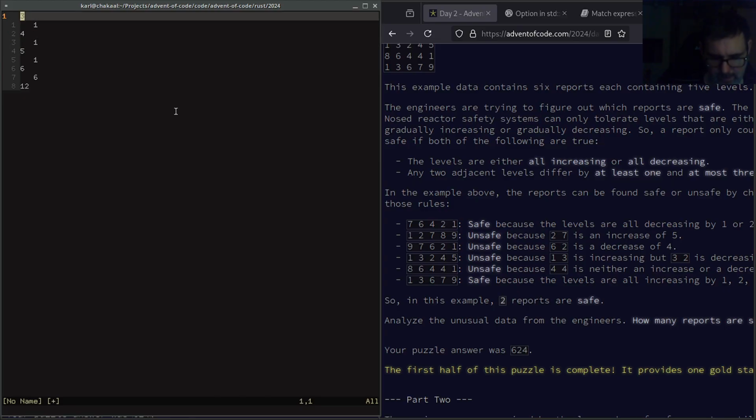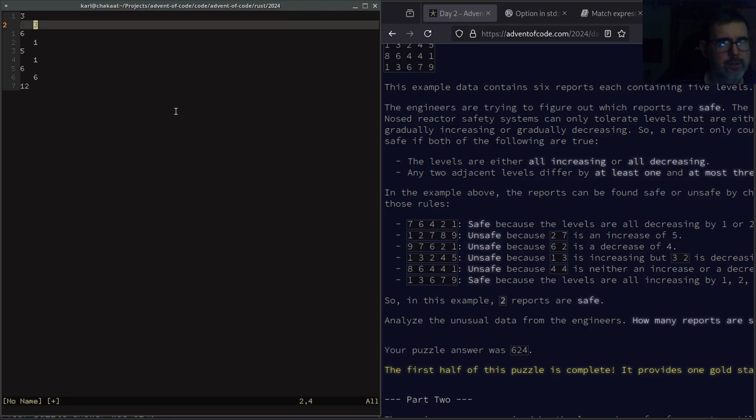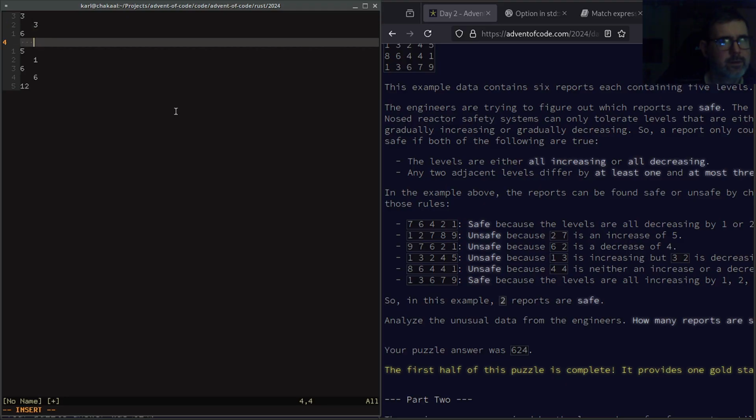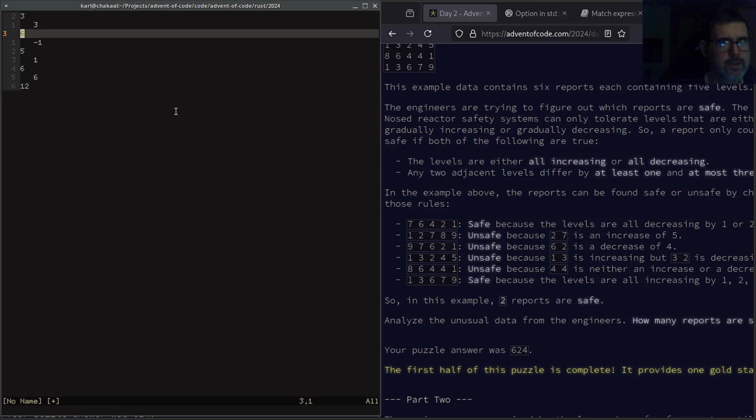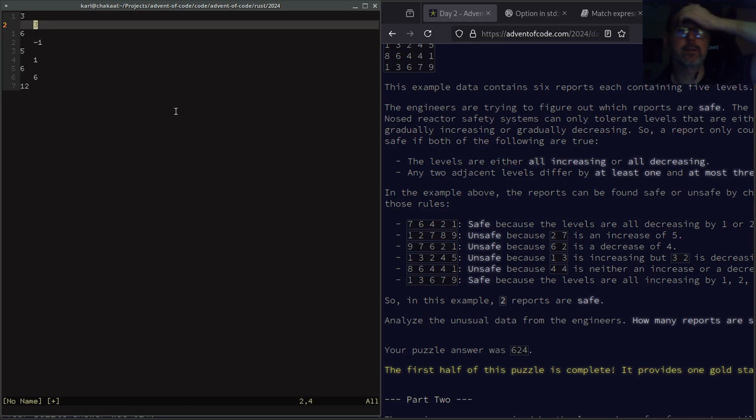So let's make this like an invalid case. So that's valid here, right? So in this case, we're invalid because, right, we calculated this change and compared it to last change.